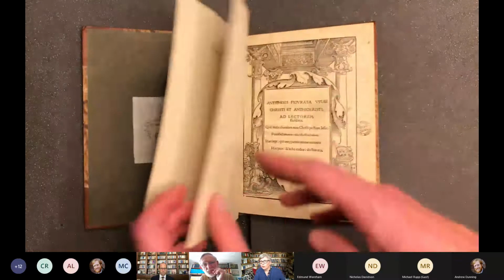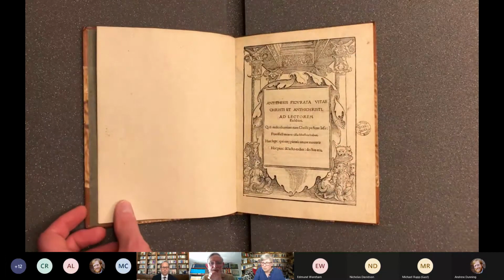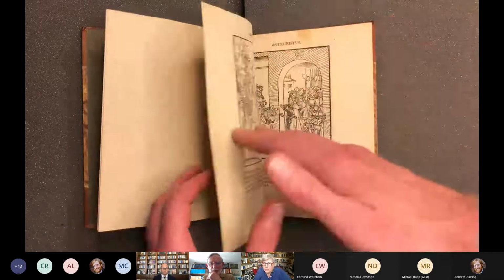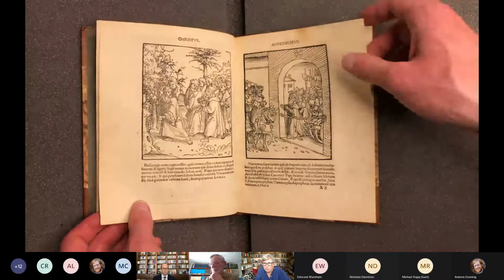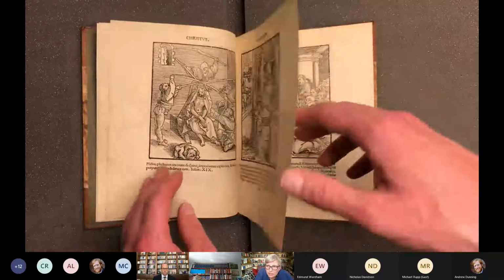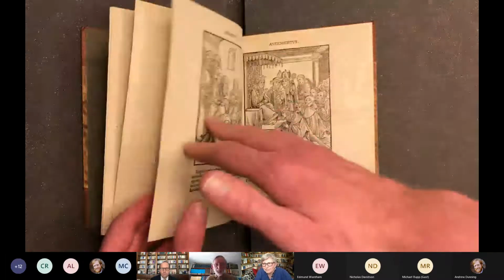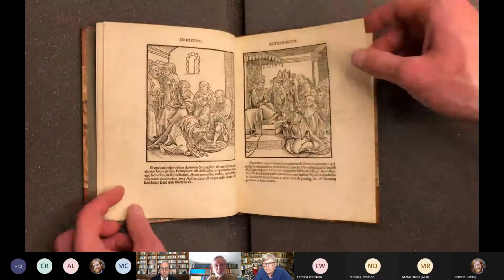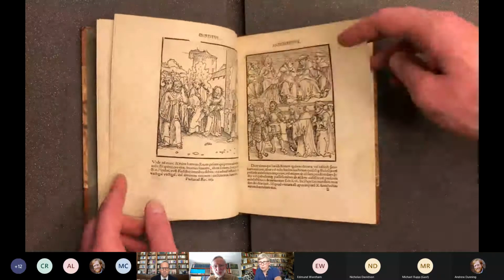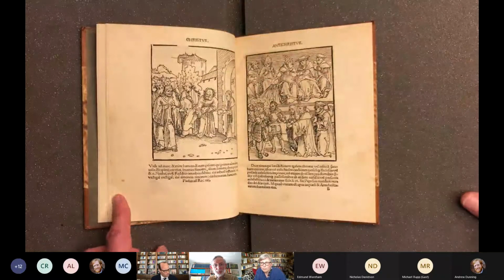So if we could look at something like B2, please. Here you see the title page, which has been mentioned. We see here on the left-hand side a broken border at the top.